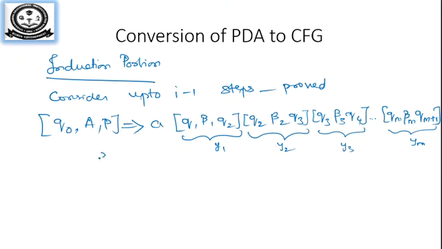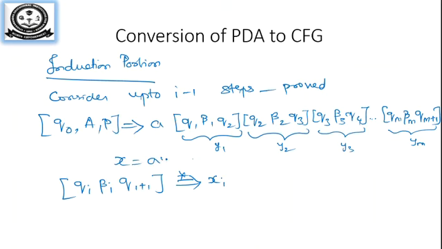So X will be equal to AY1, AY2, something like that. Now you can write a step Qi beta i Qi+1, which can be derived to Xi.